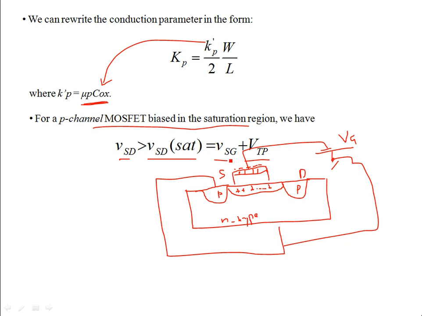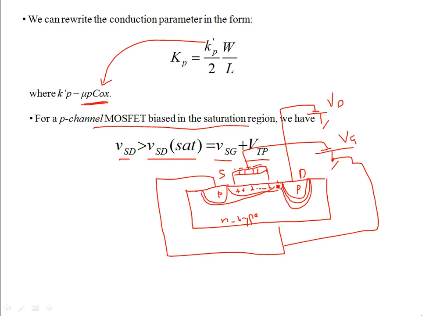But if you keep on increasing this VD, VSD, where VD is also negative, so you have a negative terminal of the battery over here, you're reverse biasing the region, and this reverse biasing goes on pinching off the channel. So at this point the channel looks like this.